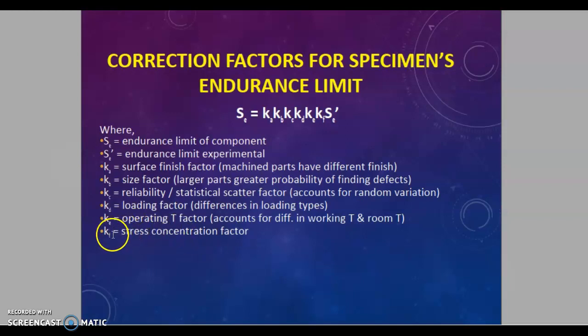This factor is also given numerically. So the actual endurance limit of the component is equal to all these factors multiplied by the endurance limit which we have calculated experimentally.